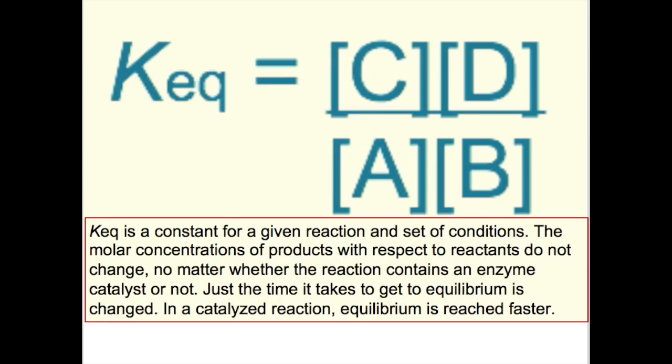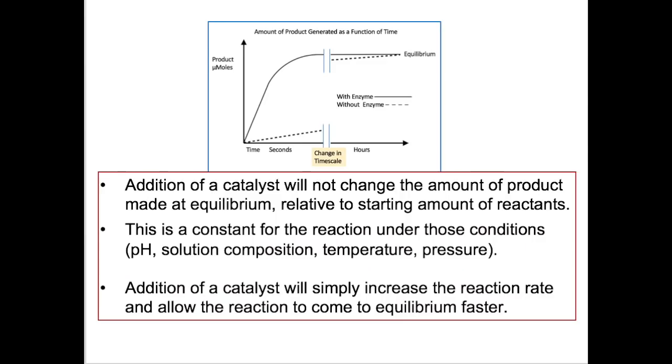This is an important thing to remember because what we're saying is that the equilibrium constant, KEQ, does not change. The concentration of products to reactants at equilibrium does not change, and this is a very important thing to know. Enzymes do not change the ratio of products to reactants at equilibrium. This is a constant for the reaction under those conditions of pH, solution composition, temperature, or pressure.